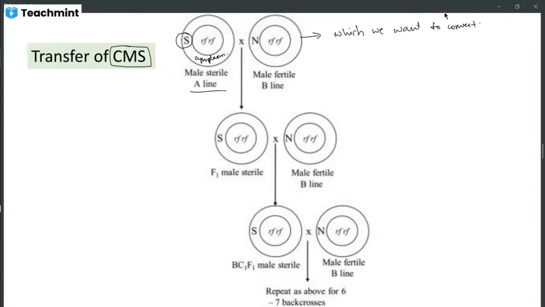You will cross the male sterile, that is your A line, with your male fertile, the line which you want to convert. So the progeny, how will it be? It will be male sterile, as 100% of the cytoplasm will be from the female side. And then you will again backcross this F1, that is the progeny obtained between the two parents, with which line?